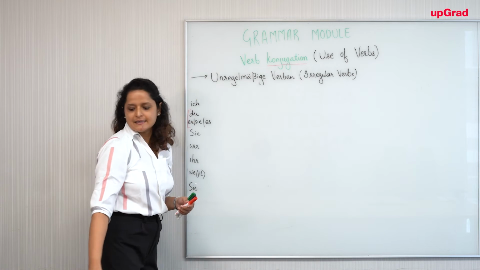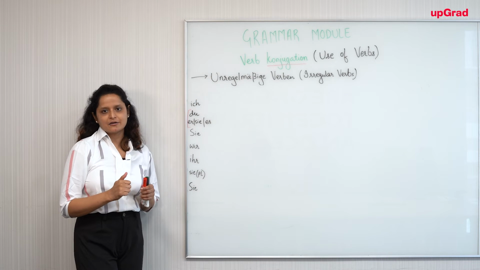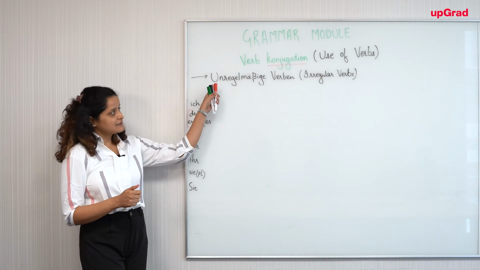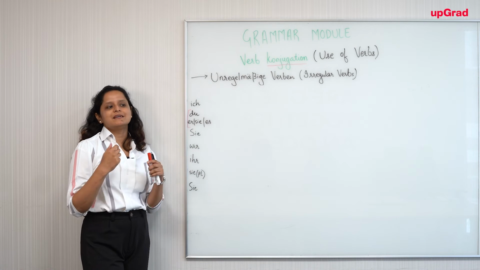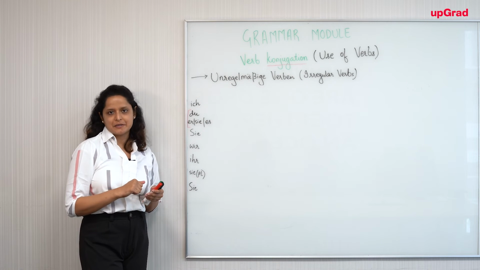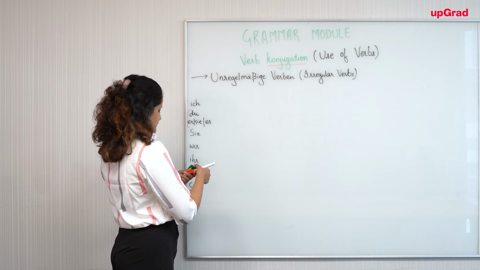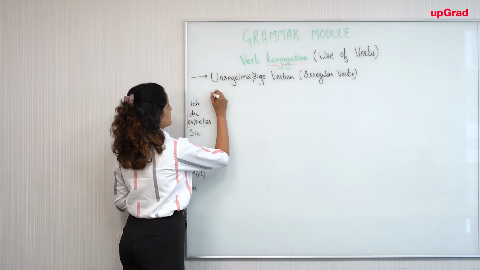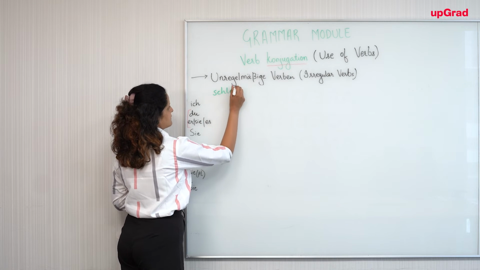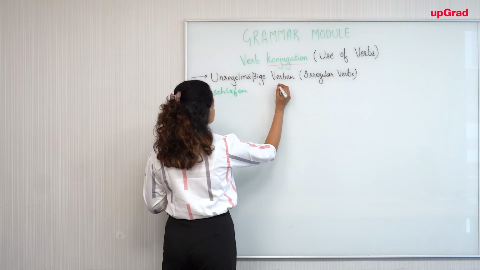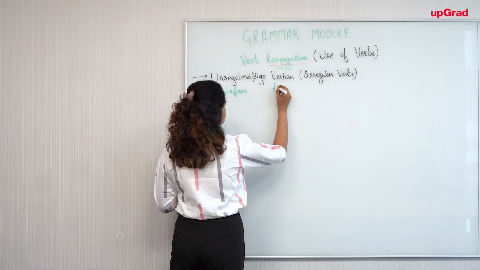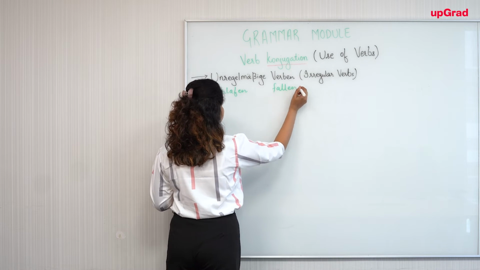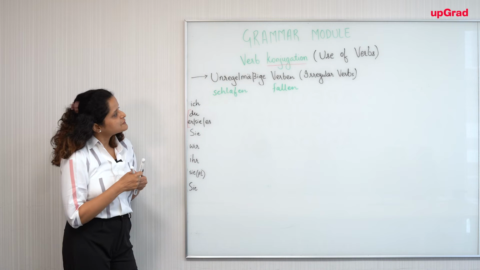Okay. And now let's go to the third category of verbs, which are irregular verbs, but they are still conjugated in a little bit different manner. We have two verbs here.